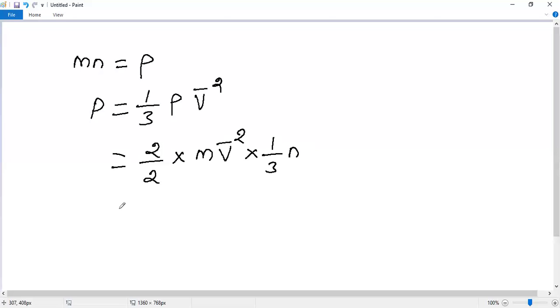And you know the kinetic energy formula: the average kinetic energy of a gas molecule, KE bar, equals 1 by 2 m v bar square.